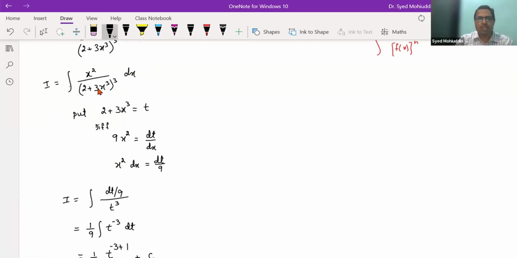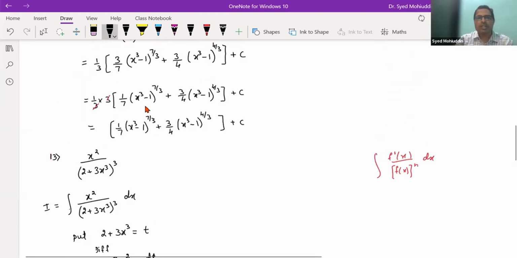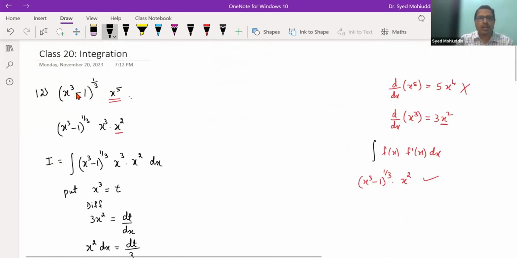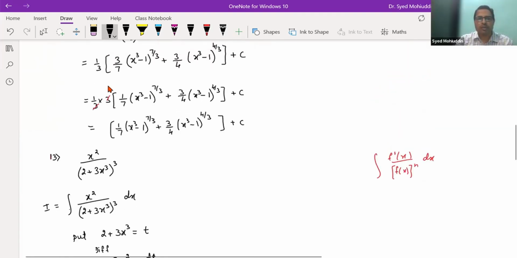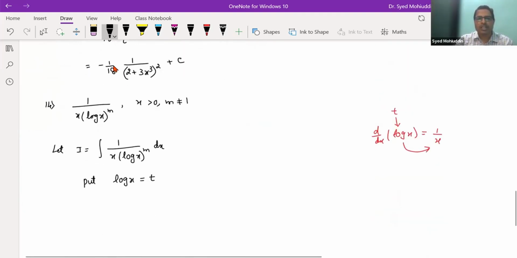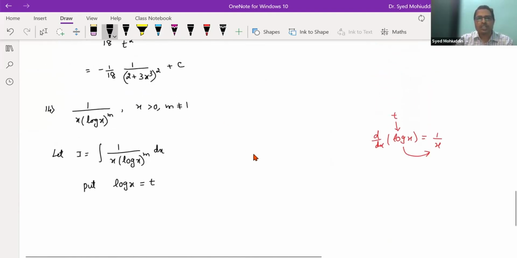In this case also you try to see. Here also can you see that power is there. There is another clue for you. In that power, any one of the expressions has to be taken as t. But this is the standard procedure that you need to follow. If you differentiate the value which is there, that you get. So this particular value you have to take as t. Right?